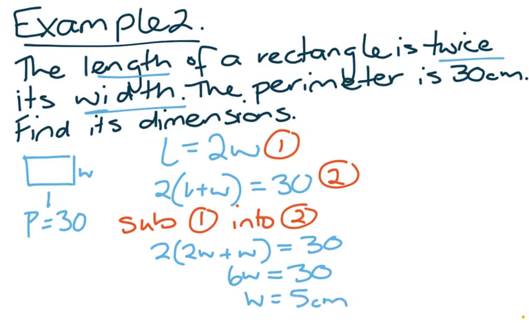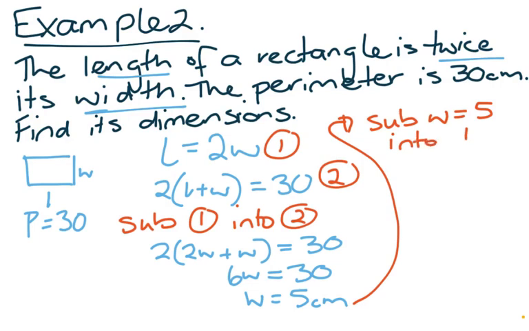Then to work out what the length is, we would just draw an arrow up to there. We would sub w equals 5 into 1. Again, you could go into 2 if you wanted to, but it's just easier if you put it back into 1. So we have the length is equal to twice its width, so 2 lots of 5, which gives you 10 centimetres.